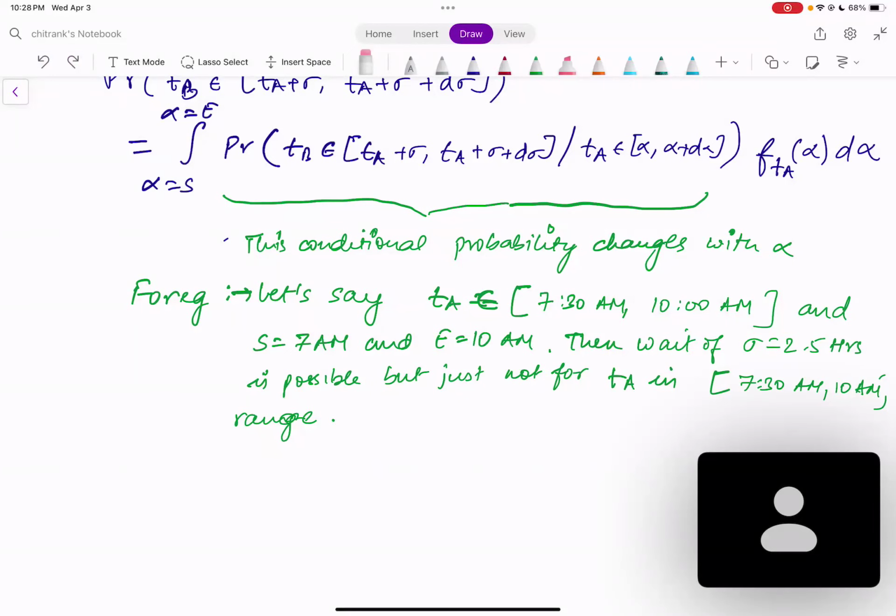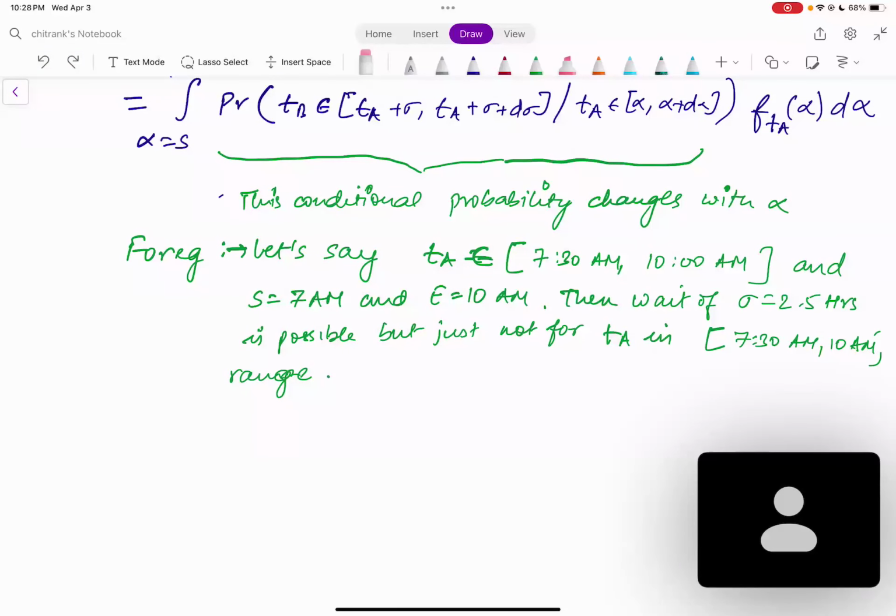And that's why you can see that this probability is actually changing with the time at which A is arriving. All right, the probability that B is going to arrive at sigma time after A changes with what your alpha is. Okay, it's not the same for all alphas.